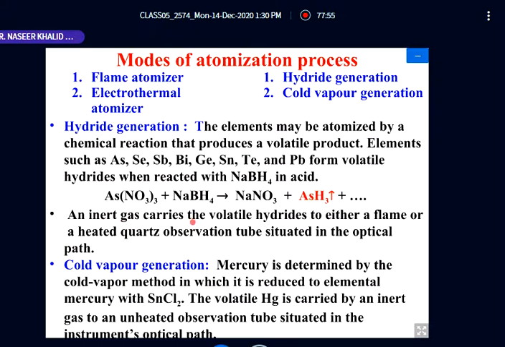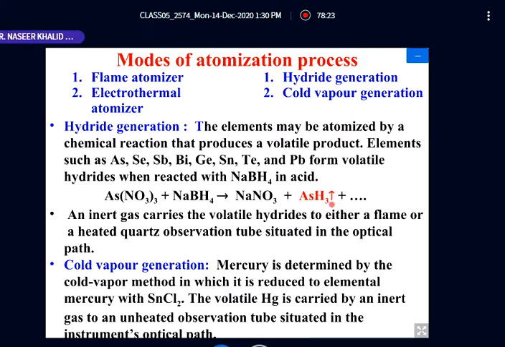and if we purge with an inert gas, the volatile hydride is heated either in a flame or in a quartz cell, and then it disintegrates. It converts into arsenic, the atomic form, and thermally or in the flame we get our signal, the signal of arsenic.